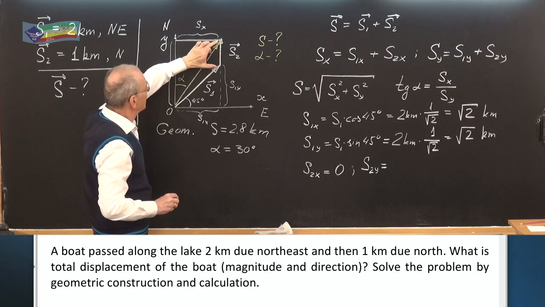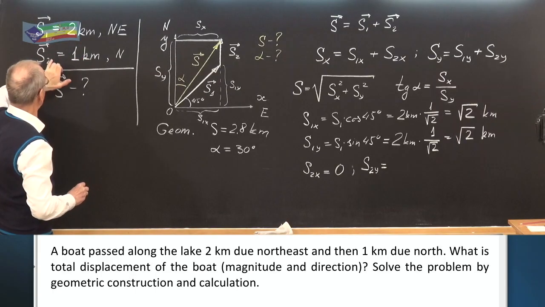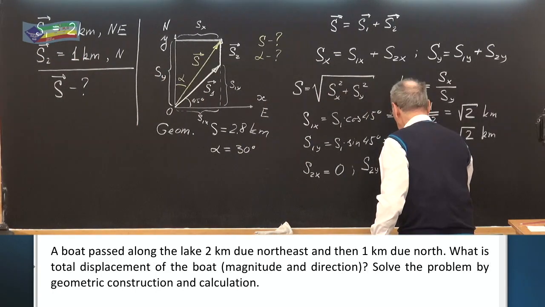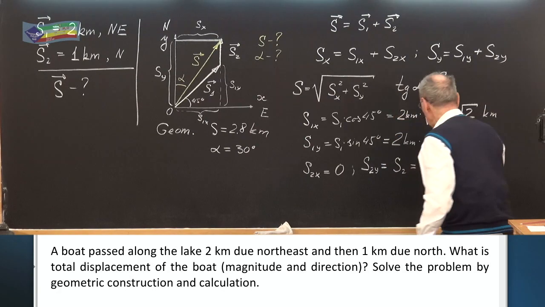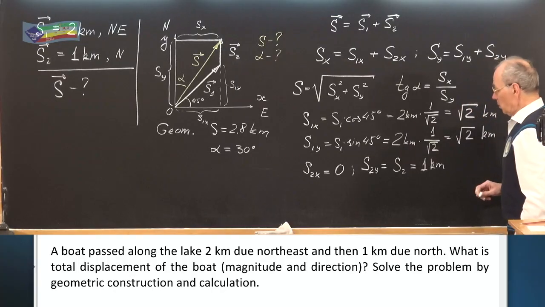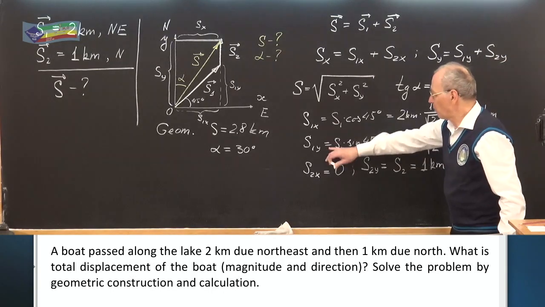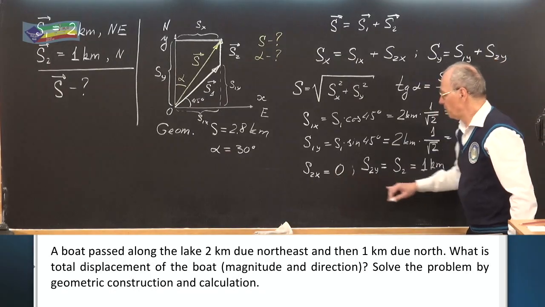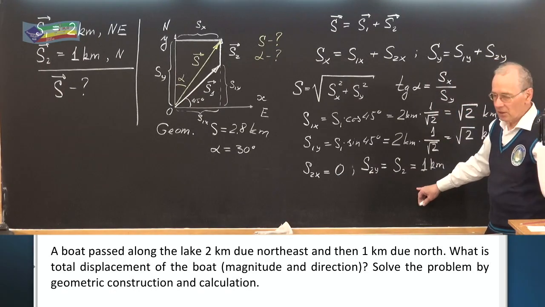It equals the magnitude of S2, which is 1 kilometer. So we have two components of S1 vector and two components of S2 vector.